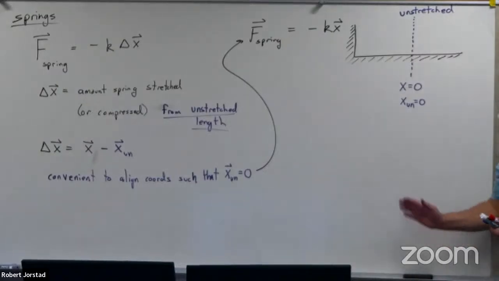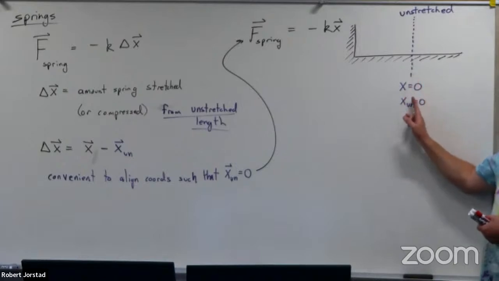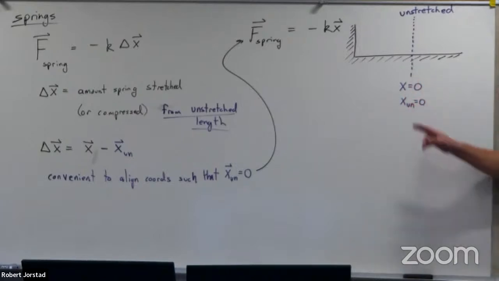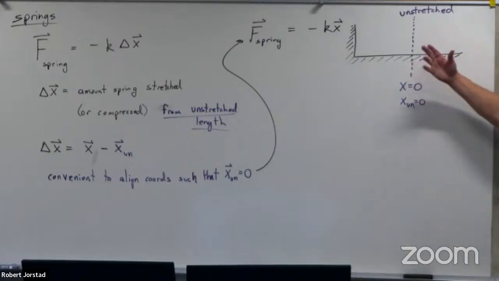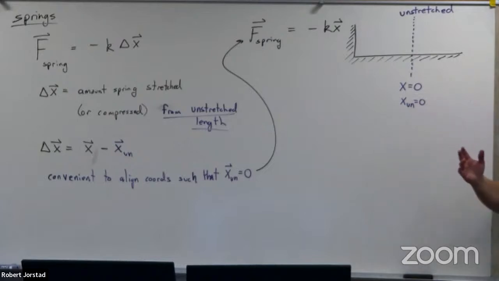So what I want to do is set this as x equals 0, and I want that to match x unstretched. Wherever x equals 0, that's my coordinate system. I want to set x un to 0 there. So that's the position where the spring is not stretched.